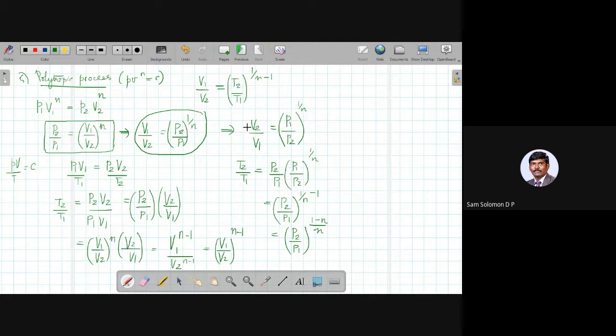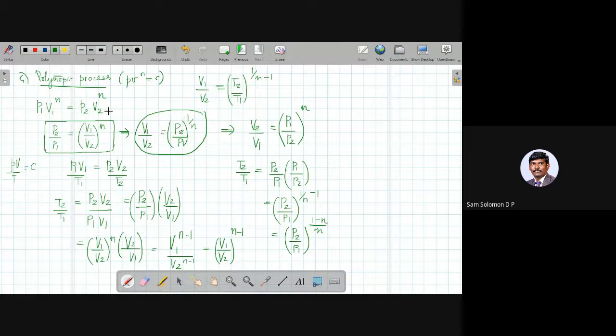So when I interchange V2 by V1, P1 goes to the numerator, which means this is supposed to be n. Am I right in writing this as P1 by P2 to the power n?